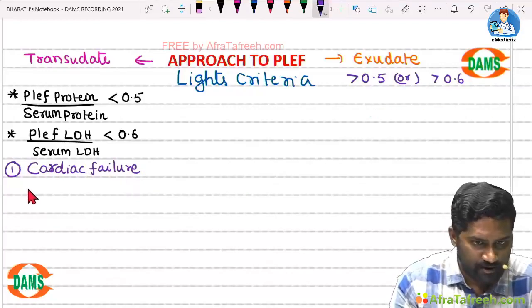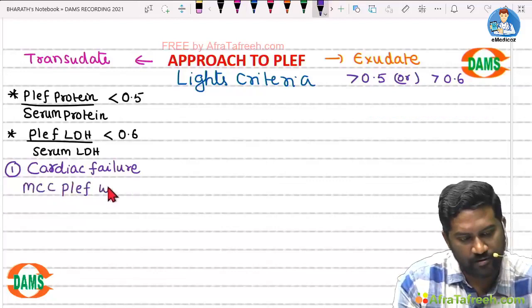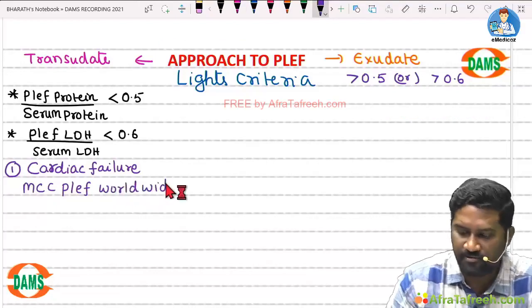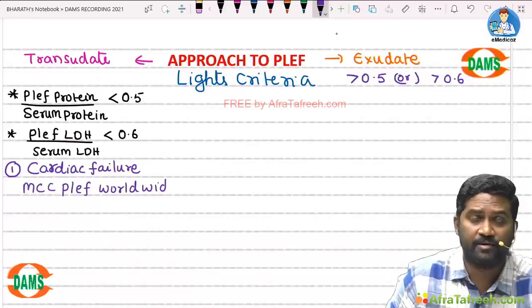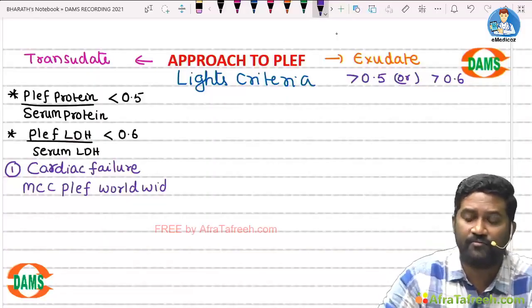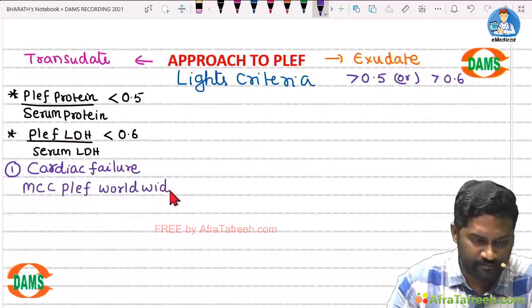Right now cardiac failure is considered the most common cause of pleural effusion worldwide, students.